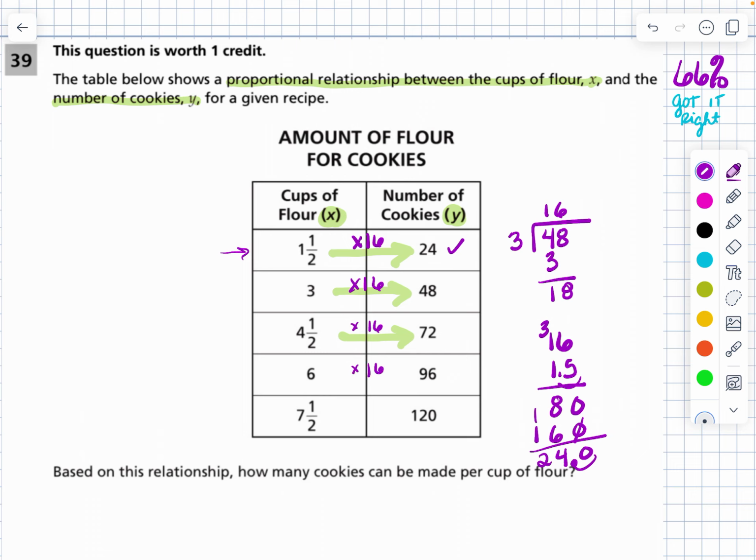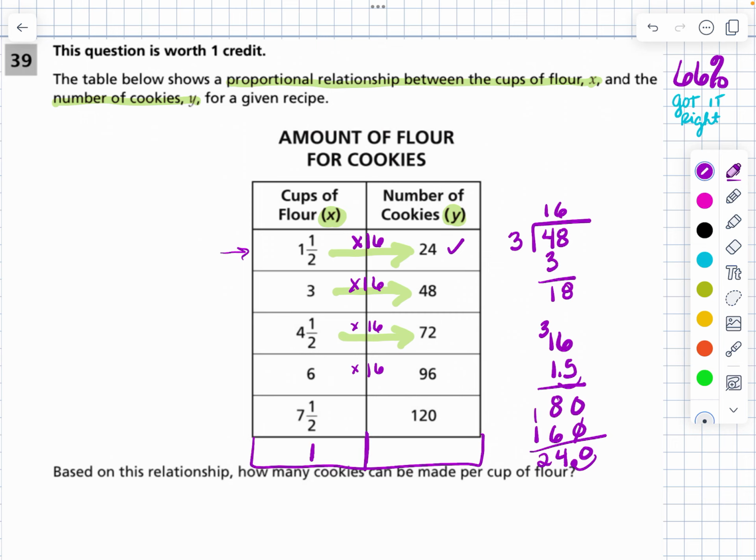So now the question is, how many cookies can be made per 1 cup of flour? They don't have that on here, right? But we know if I put 1 cup of flour into my chart, I mean, it would be at the top, but because I don't have room up there, I'm doing it down here.